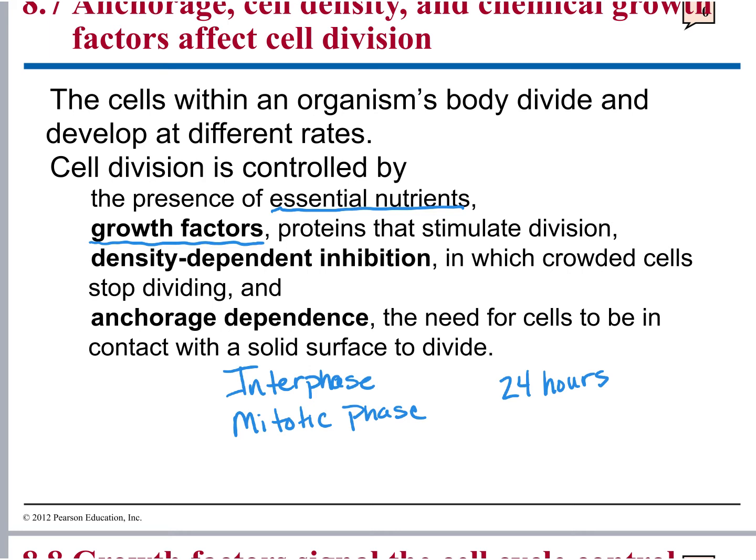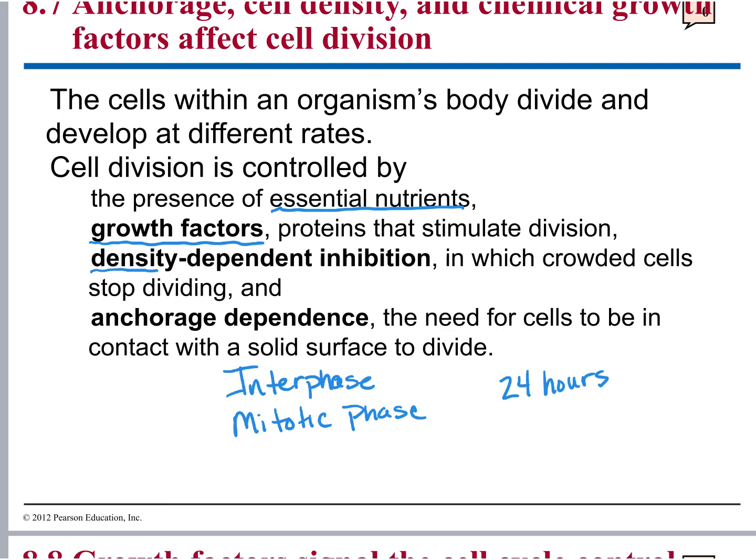Certain proteins need to be present in order for that cell to know to continue into the mitotic phase, to divide. Also, cells can't just go through this process unregulated. There have to be some processes that are going to tell cells when it's appropriate to divide and when it's not appropriate to divide.